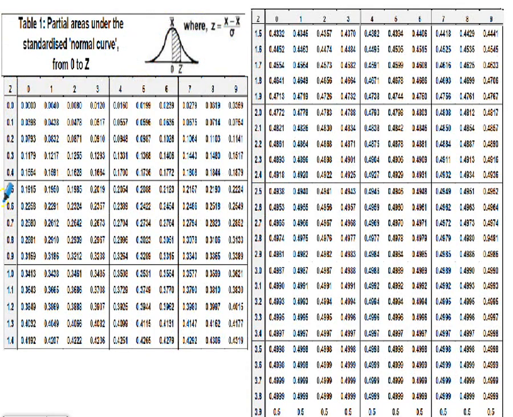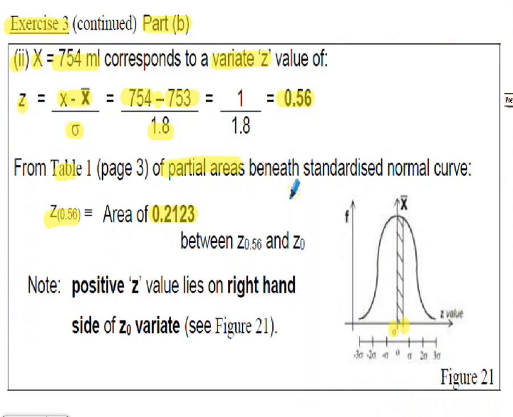So for 0.56, the sixth column here, we read an area of 0.2123. Don't forget, positive z's are always on the right hand side, so the area of 0.2123 relates to this strip here between z is equal to 0 and z is equal to 0.56.